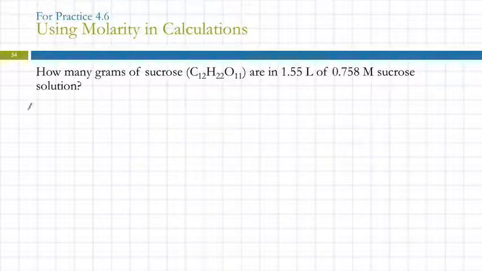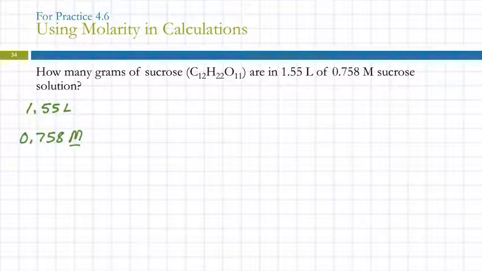So I have 1.55 liters, and then I have this number 0.758 with a capital M. So the capital M probably doesn't really say much to you.